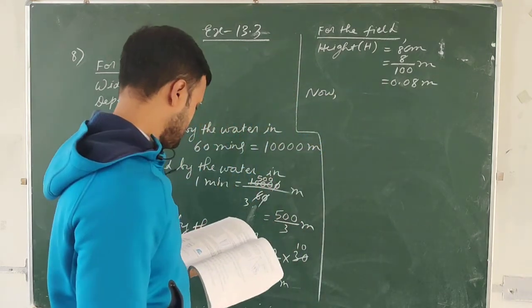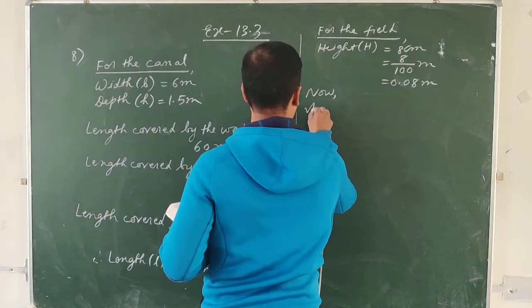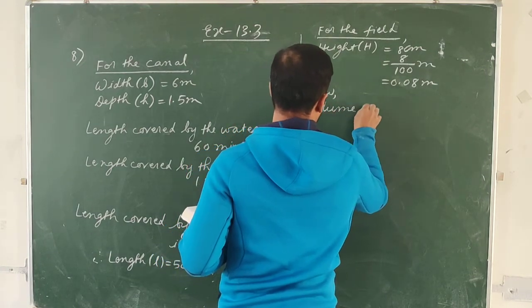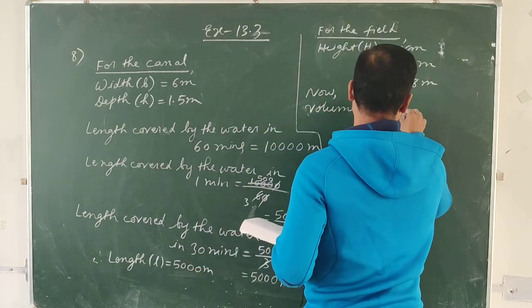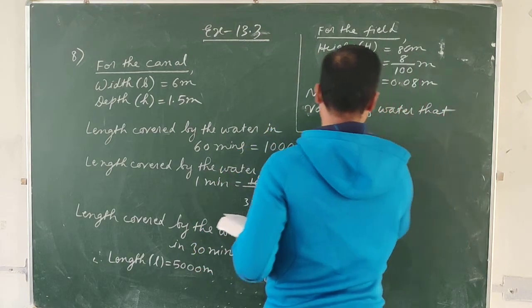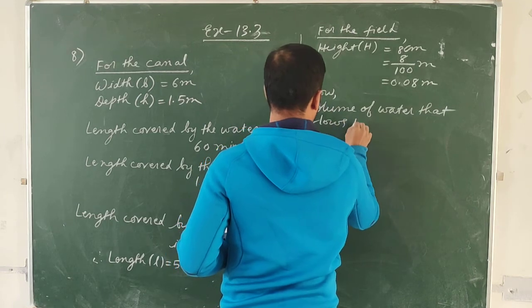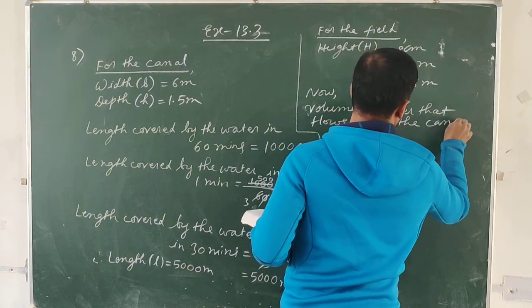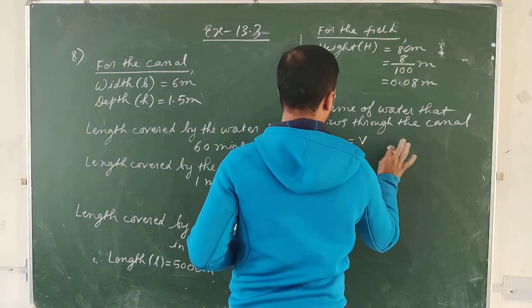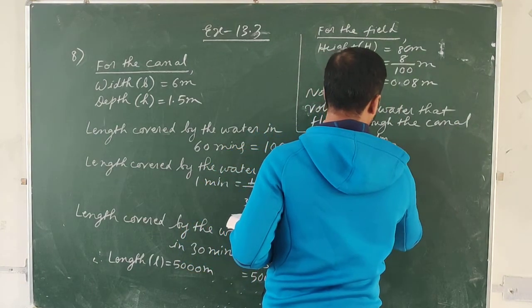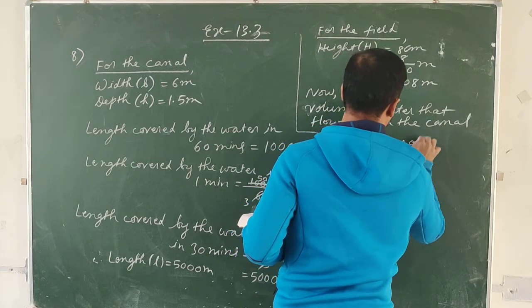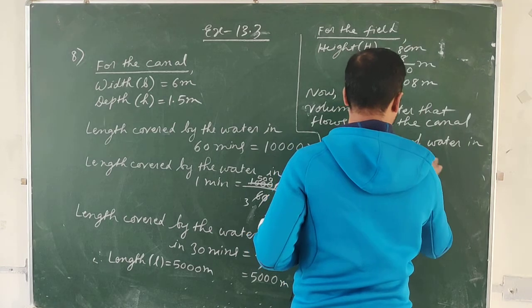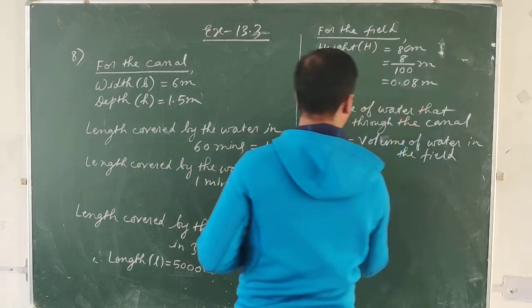So now students, volume of water that flows through the canal is equal to volume of water in the field.